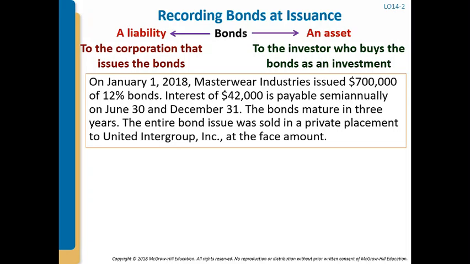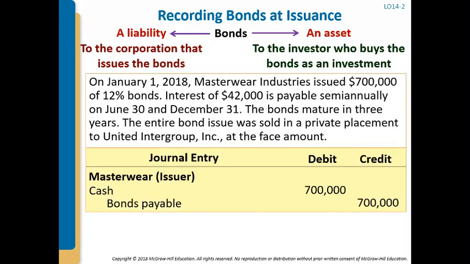The entire bond issue was sold in a private placement to United Intergroup, Inc. at the face amount. So they simply recognize the cash receipt of $700,000, and so that would be your debit, and your credit would be to bonds payable. So that's your initial entry.